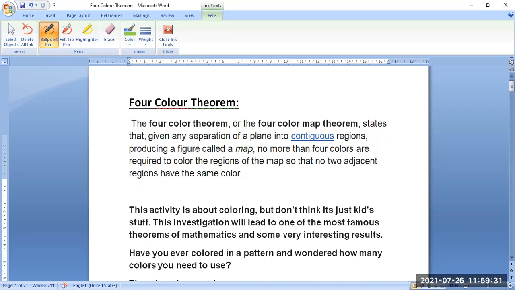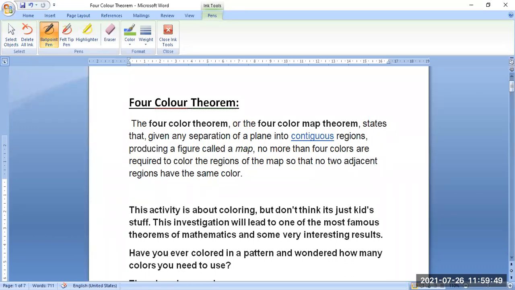That means those who are sharing an edge are adjacent. Two regions which are sharing an edge are called adjacent regions. So no two adjacent regions will be the same color.